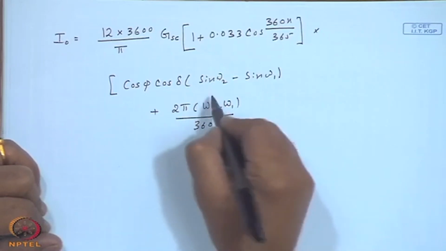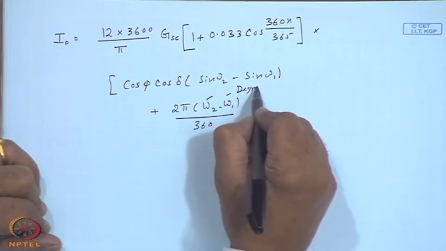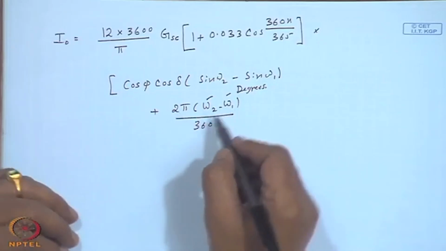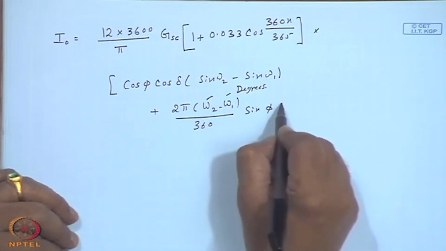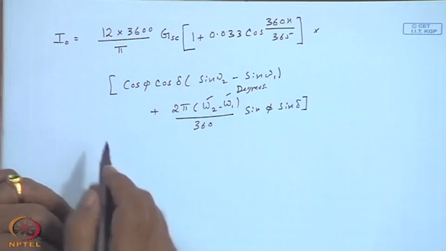So, this omega 2 and omega 1 are in degrees, since I am using pi by 180 or 2 pi by 360 as the conversion factor, times sin phi sin delta.